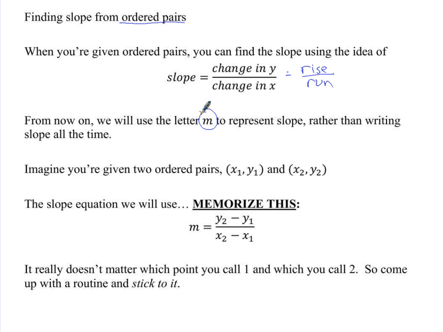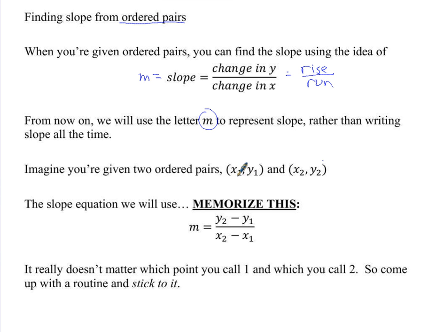Okay, so we use the letter M rather than writing slope all the time, so I could write M equals instead of slope equals. Now imagine you're given 2 ordered pairs. Here's your first ordered pair. Here's your second ordered pair. And that's why we call this x1, y1, and this one x2, y2.